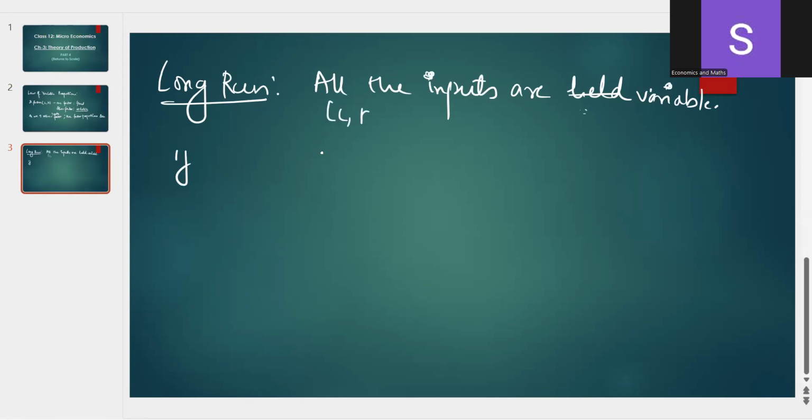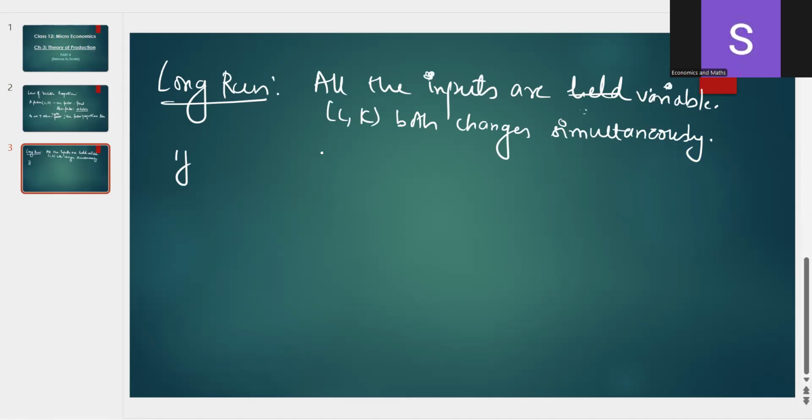So L also changes, K also changes, continuously and simultaneously. In the short run, one factor changes and the other is constant, but in the long run both factors change simultaneously.